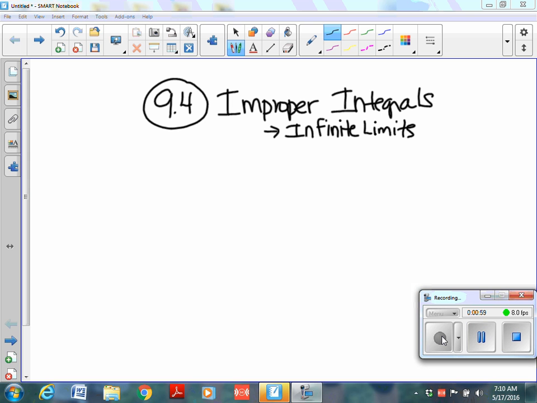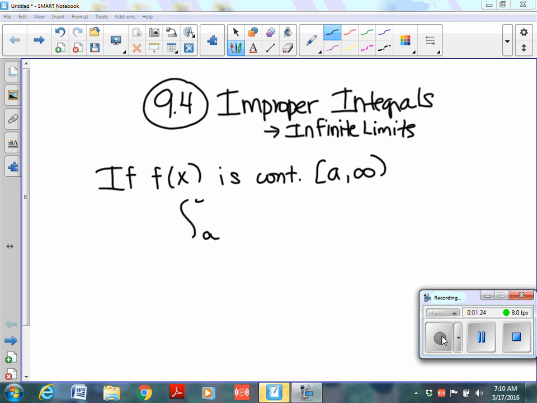This will take me a while to explain all these problems, and you'll probably need 3 to 4 days, probably 4 days, to do this assignment. So, if f of x is continuous from a to infinity, then this is true: the integral from a to infinity of f of x dx.